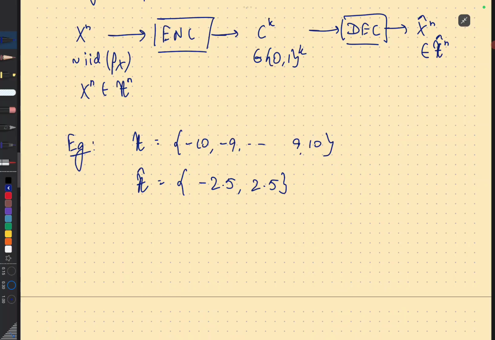In this case, the reconstruction alphabet is different from the source alphabet, because the source alphabet was just a set of integers from minus 10 to plus 10. The reconstruction alphabet is only the two quantities, minus 2.5 and plus 2.5.